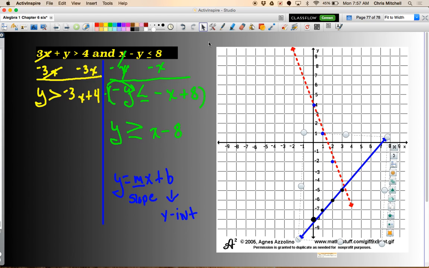So now, based on previous lessons, we know that we're going to graph. This says y greater than 3x plus 4. So we're going to graph above. Make some big marks. So it's all above.